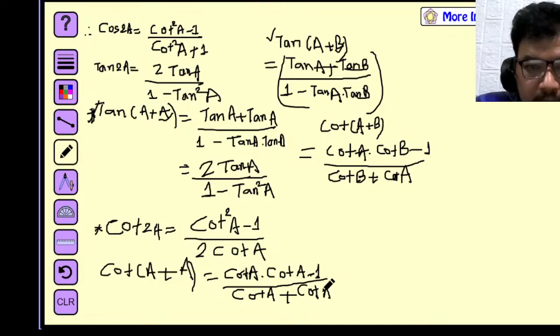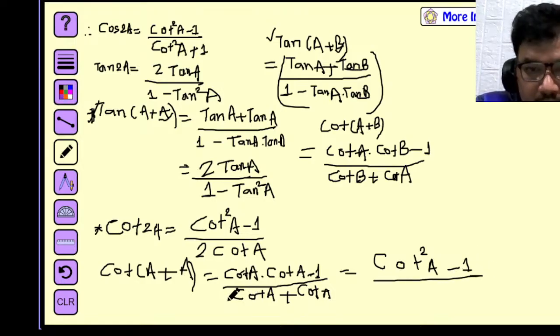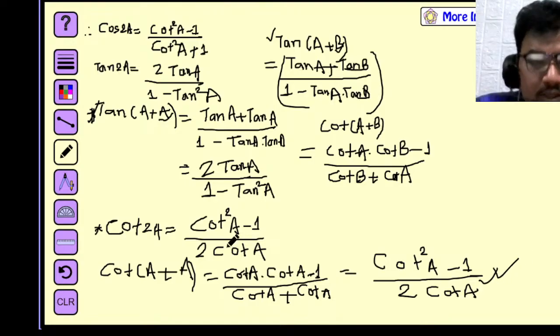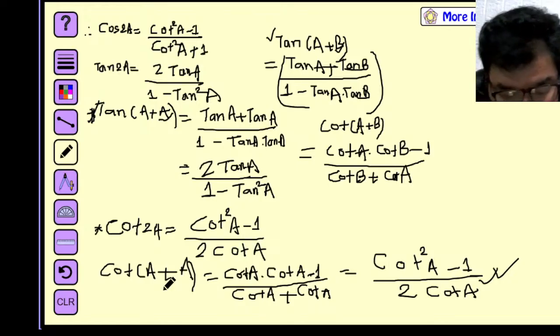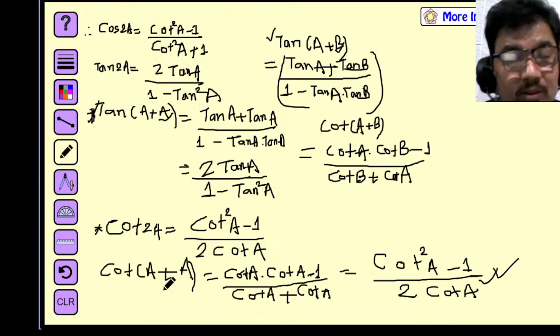Now it will come cot A into cot A, cot square A, and minus 1, and down there is cot A plus cot A, which is 2 cot A. Like this the relation comes. This is another lesson of multiple angles.